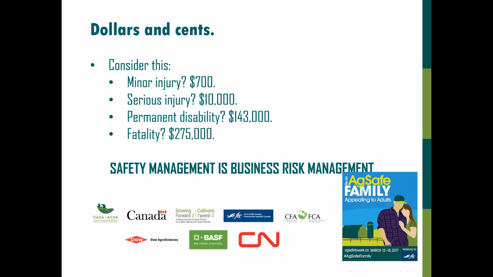Serious incidents where hospitalization is required can cost $10,000 or more to that farm's economy because of loss of productivity, the need for replacement workers, the need for training, and taking away management from what they were previously doing to deal with the incident. Permanent disabilities are estimated to cost at least $143,000, and a fatality may impact the farm's economy anywhere between $275,000 and upward.